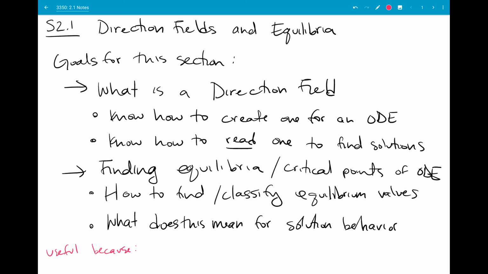So these are useful because they tell you about ODEs before you solve them. Most of this class is going to concern solving differential equations, but most differential equations can't be solved the way that you'll learn to in this class.